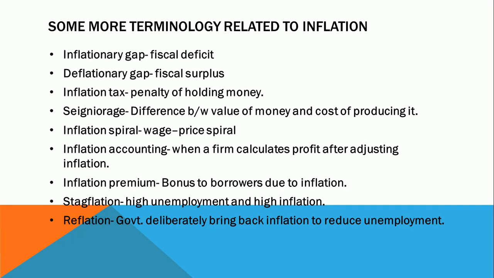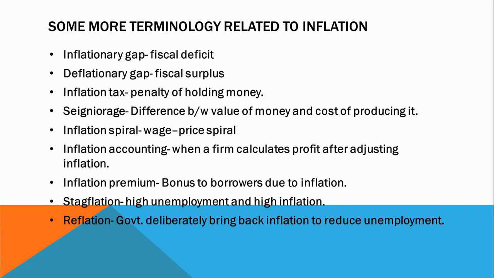When the wages go higher, then because I am a laborer, working in any company or factory, my wage is counted as a cost of production. So when the wages go high, the price also goes higher. And again when the price goes high, I demand more wages. So because of this, the spiral goes on. So it is called inflation spiral or wage price spiral.